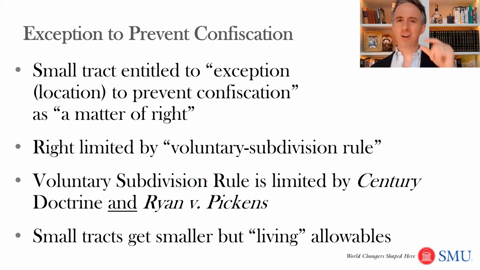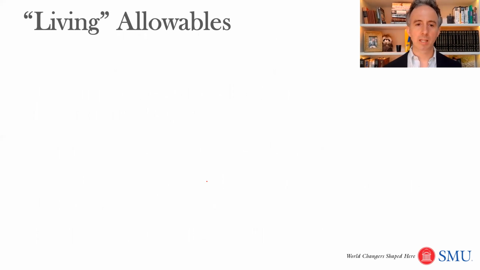So my allowables are just tiny. That doesn't justify having a well. And so Texas said, you know what, you should have living allowables. Because the idea is, you're in Texas, if you don't have an oil well, are you really living? Maybe not. So they said you should have living allowables, i.e. enough oil allowed to produce that you could pay for a well. We'll talk about those living allowables.